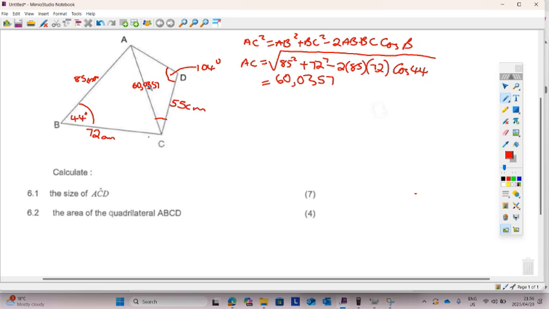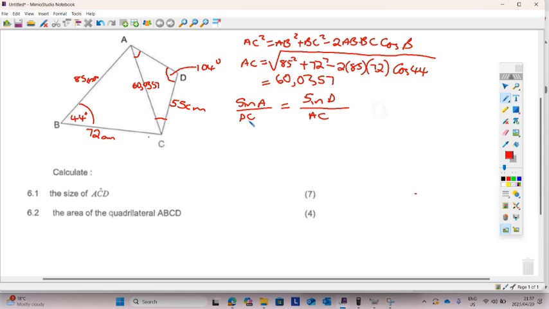And then I have AC, I have the opposite angle, I have 55, so I can look for angle A. Looking for angle A, I can use sine rule. Sine A over side DC is equal to sine D over AC.